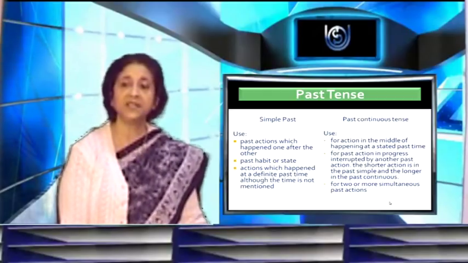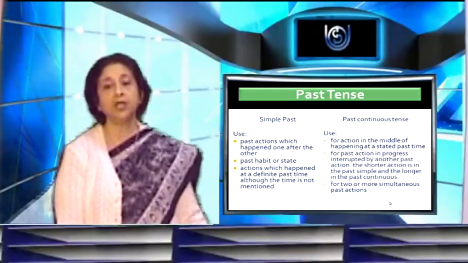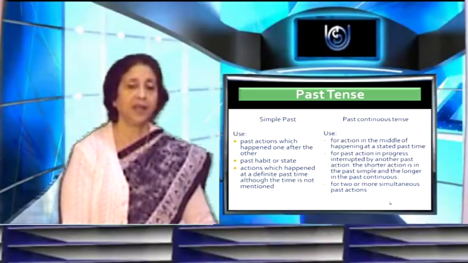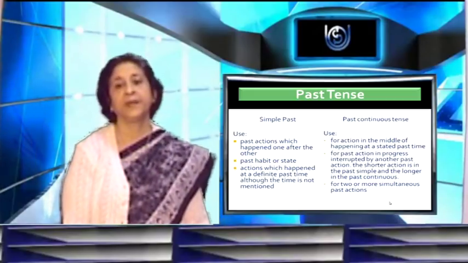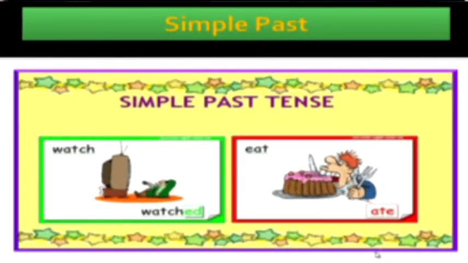So that is simple past, and continuous is was and were with ing, first form of verb. Now see, simple past: watch, watched, eat, ate. The second form of verb is used in simple past. He ate, we watched, or he watched, with singular also, with plural also.